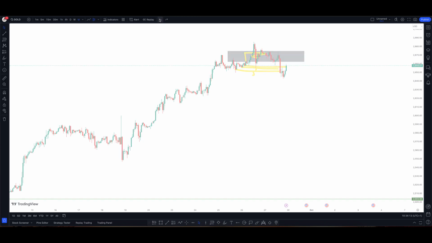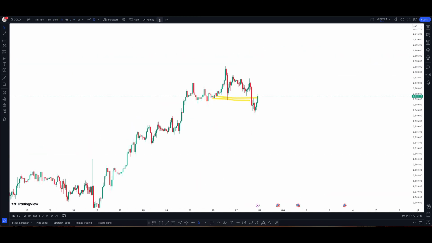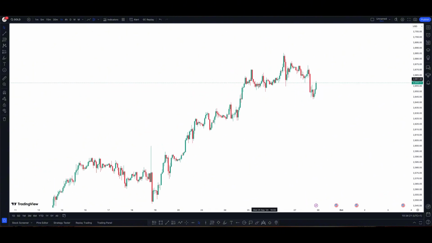So let's do another example. So this is the current one, and this is the one that already happened, and this is another setup here for sell. You can see that this is the high, and the market took out this resistance here and also took out this resistance here.